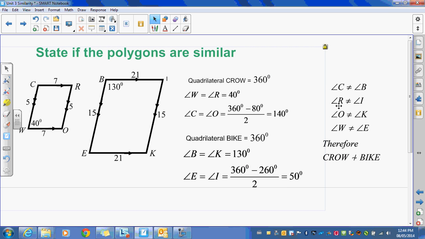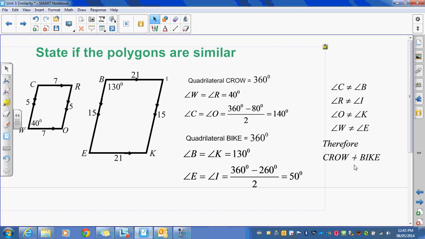So now we know that angle R is not equal to angle I. So it will follow that angle O is not equal to angle K because C and O are the same size and B and K are the same size. Angle W is not congruent to angle E because we know that angle W is 40 and angle E is 50. Therefore, quadrilateral crow is not similar to quadrilateral bike.